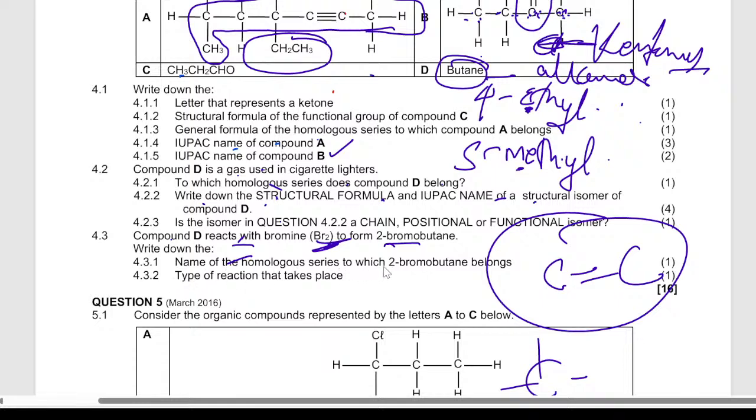Name the homologous series to which 2-bromobutane belongs. Where does 2-bromobutane belong? To which homologous series?